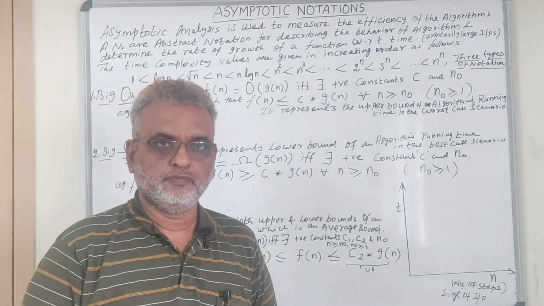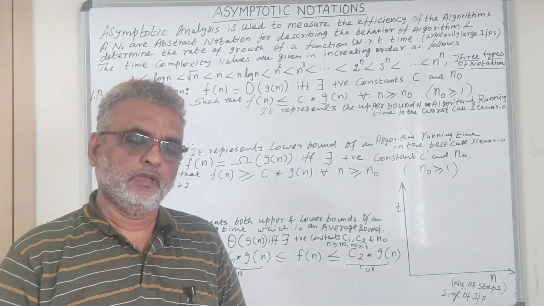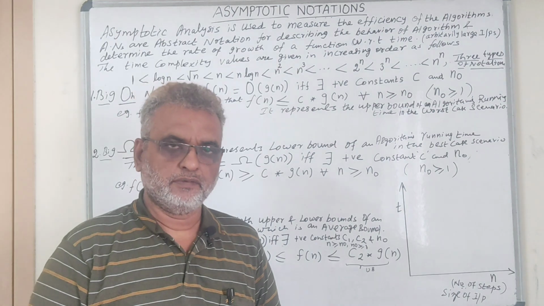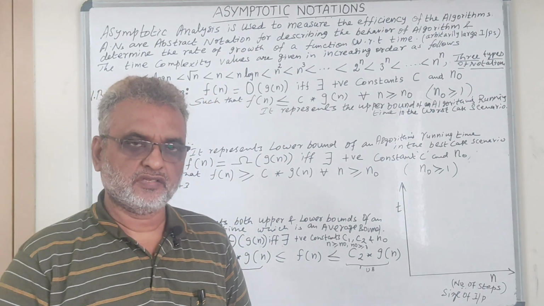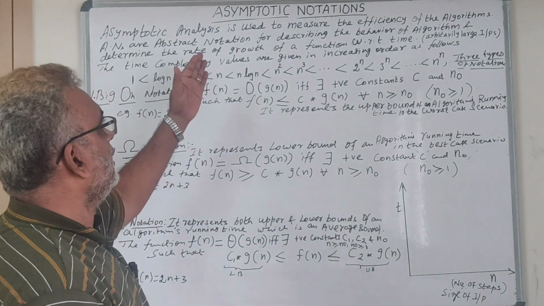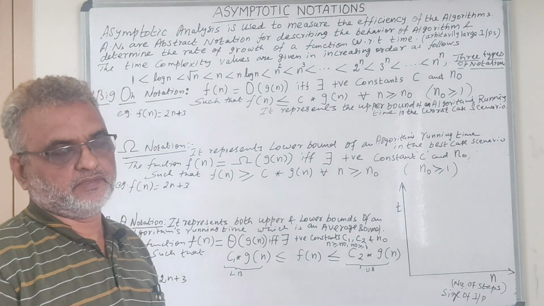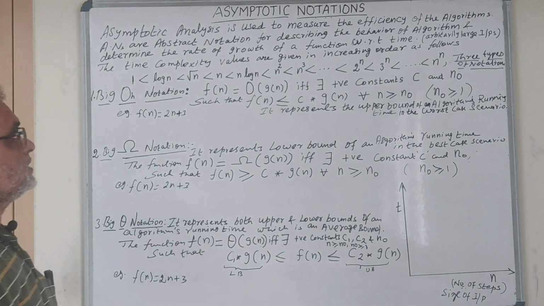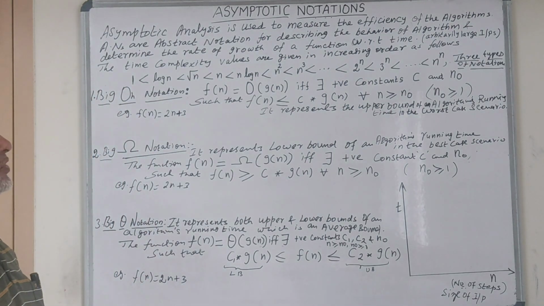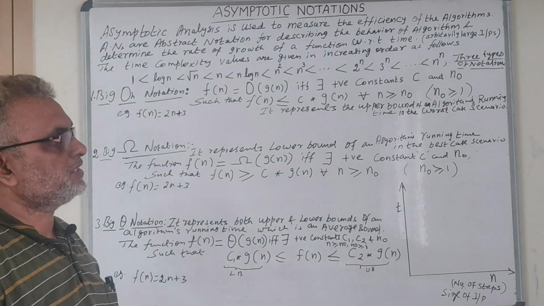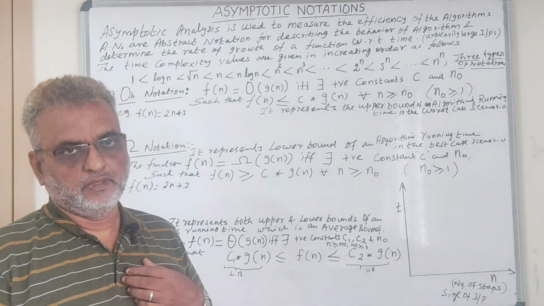In this video, we are going to discuss another very important concept from design and analysis of algorithms, that is asymptotic notations. Asymptotic analysis is used to measure the efficiency of algorithms.